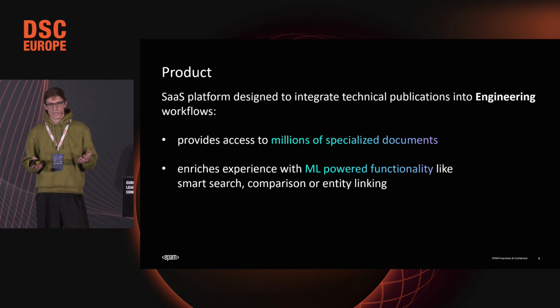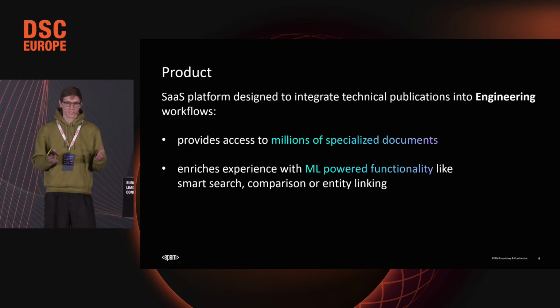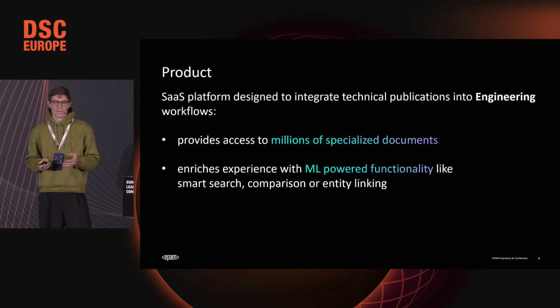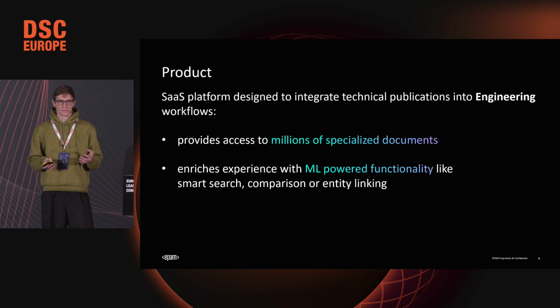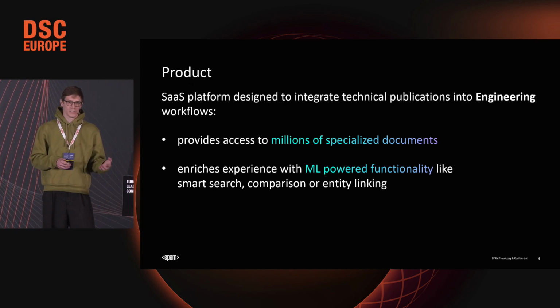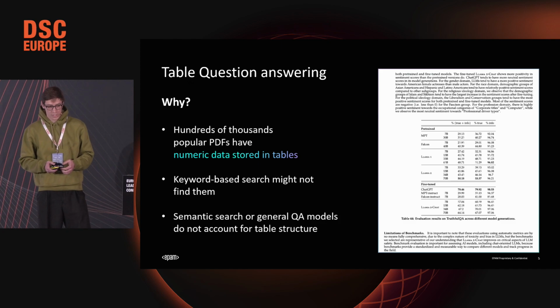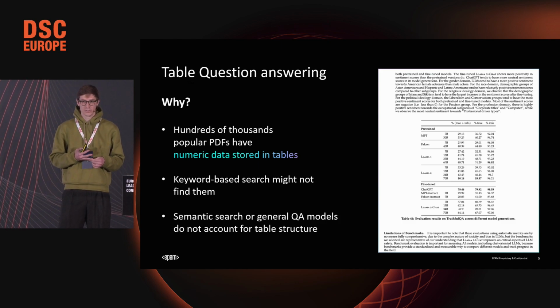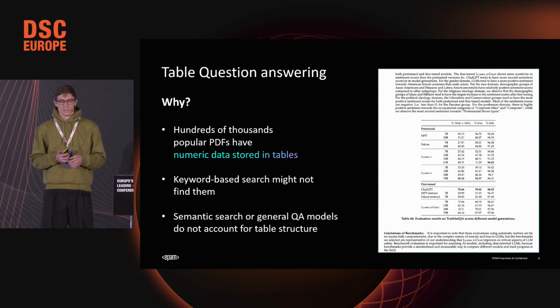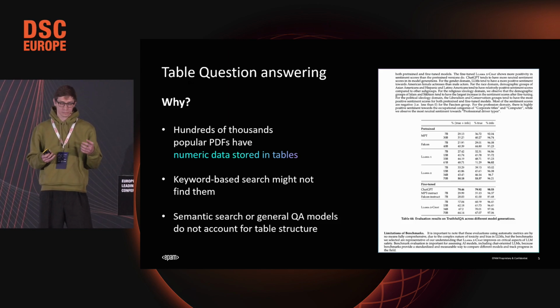Again, we are providing millions of very specific, very technical documents and enhancing access to them with different ML-powered features like search, comparison of the documents, extraction of entities, and linking of those entities.